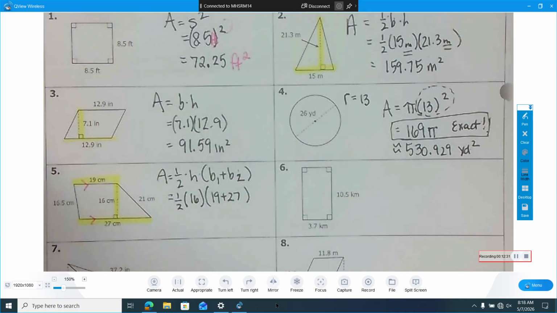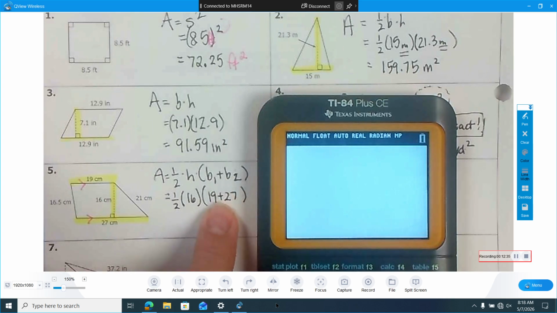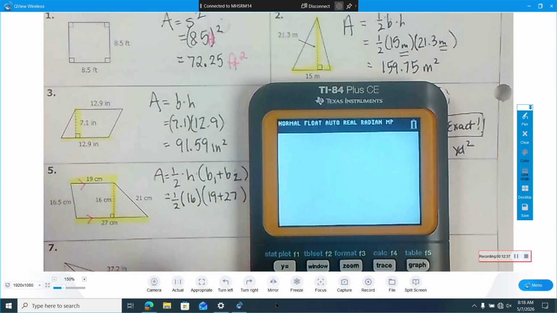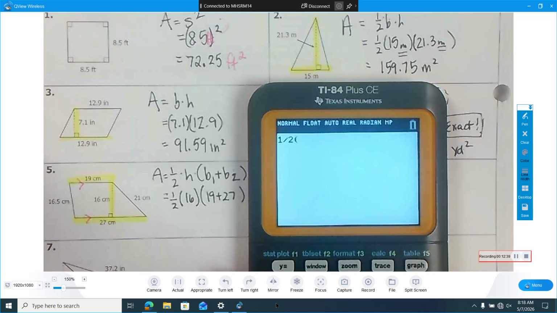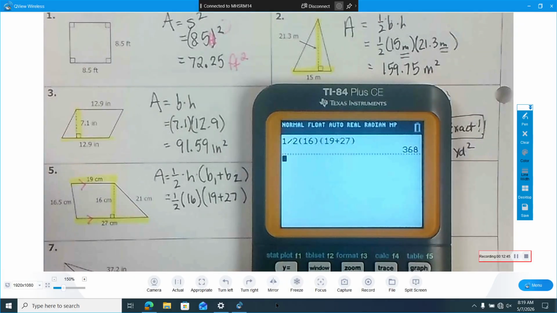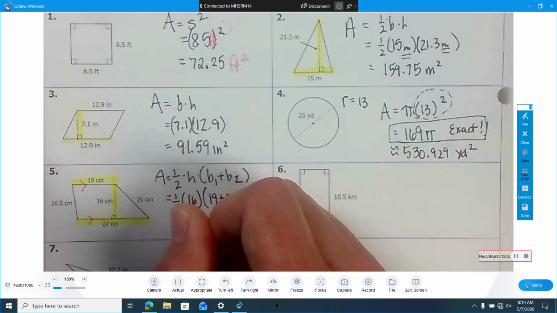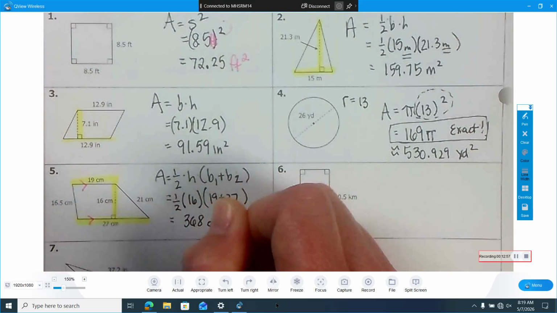You'll get it wrong every time. The parentheses are telling us we need to add the bases first. If you use parentheses in your calculator, just like we have written it, it will be correct. But if you leave off the parentheses on 19 plus 27, it will be incorrect. So don't be lazy. No lazy math there. So we get 368 centimeters squared.